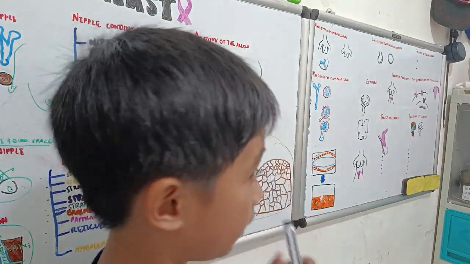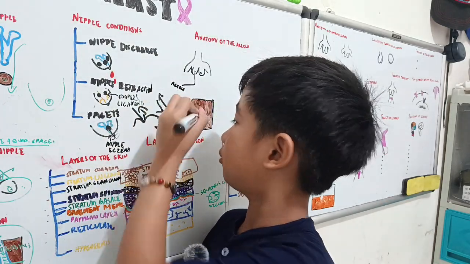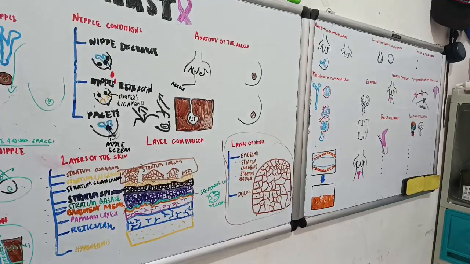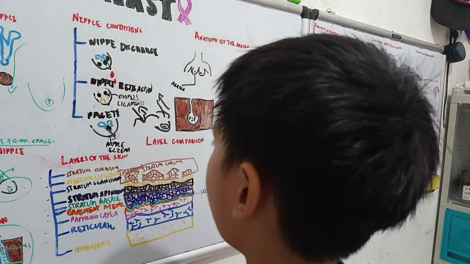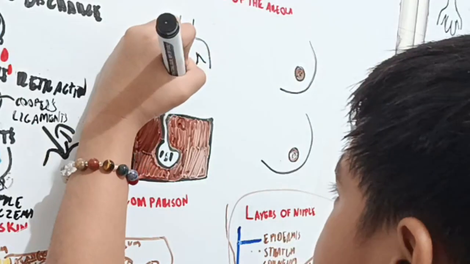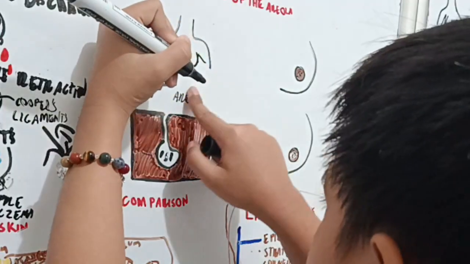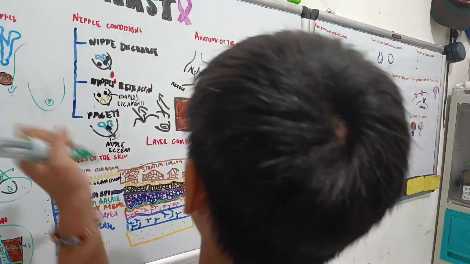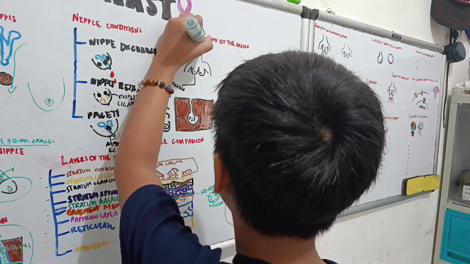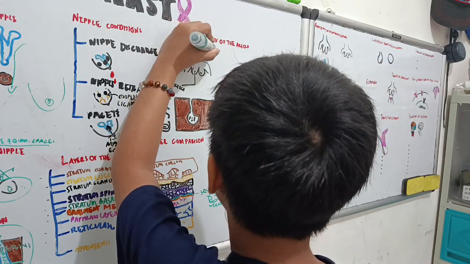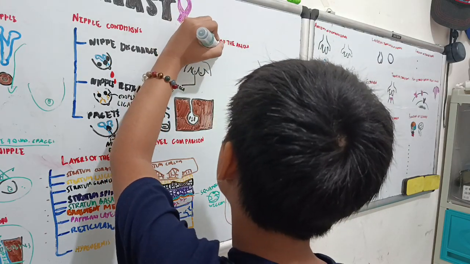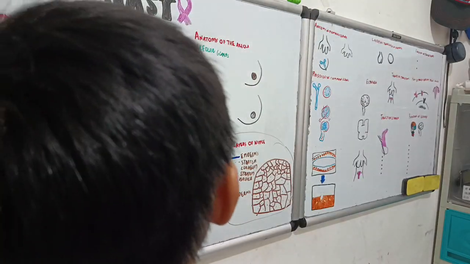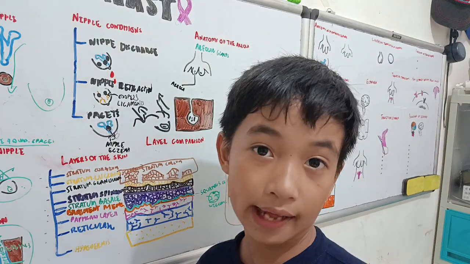But there are actually glands inside the areola. What are those glands called? They're called areolar glands.